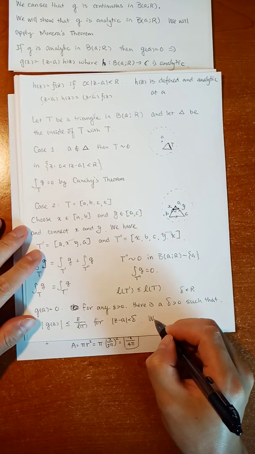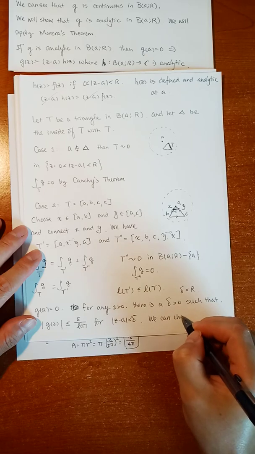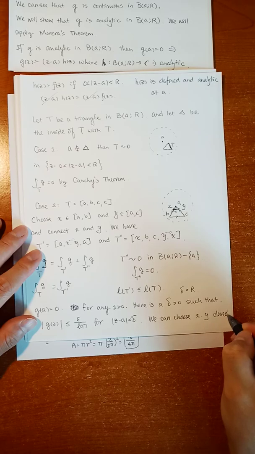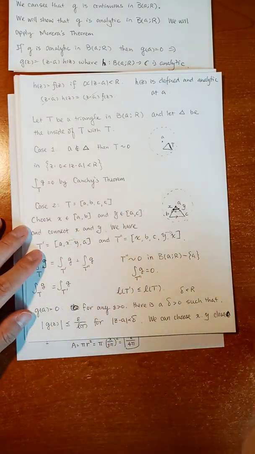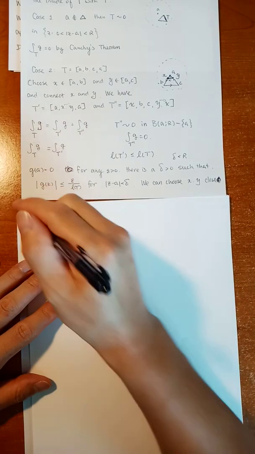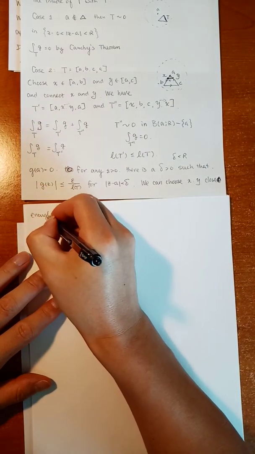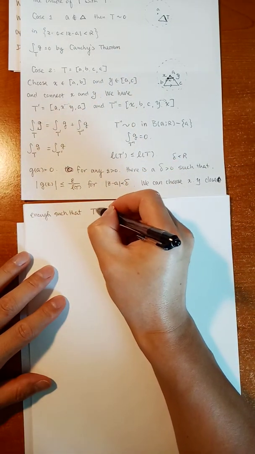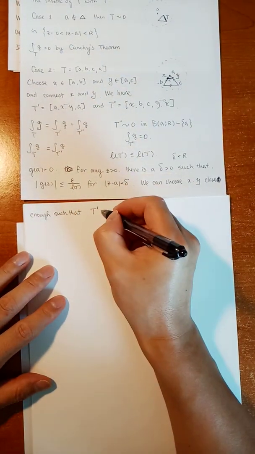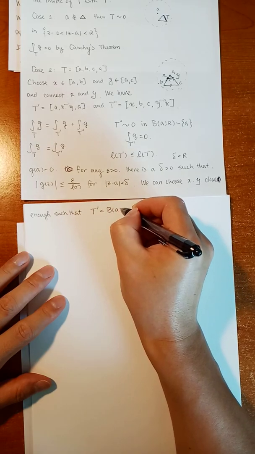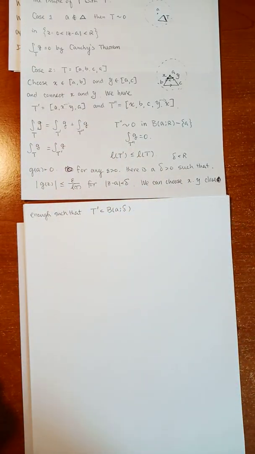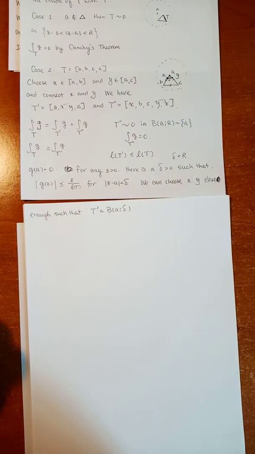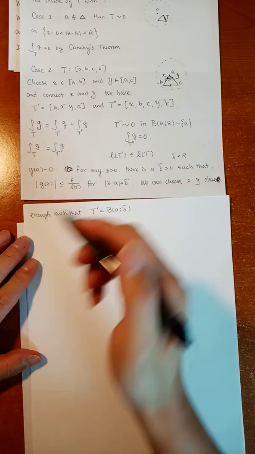So we can choose X, Y close enough such that the whole small triangle is totally contained in the smaller delta neighborhood of A. Then what we get? We check this.